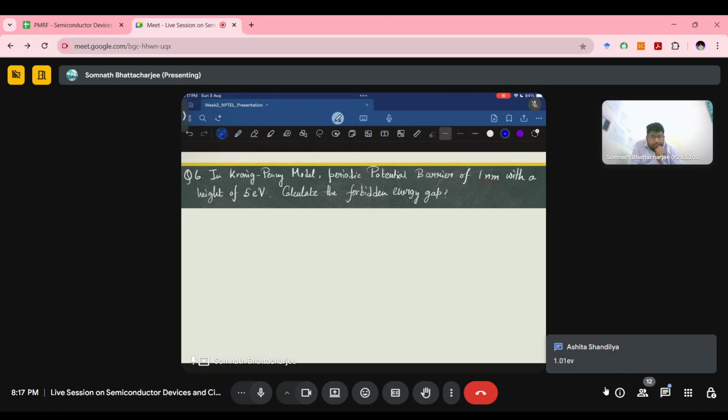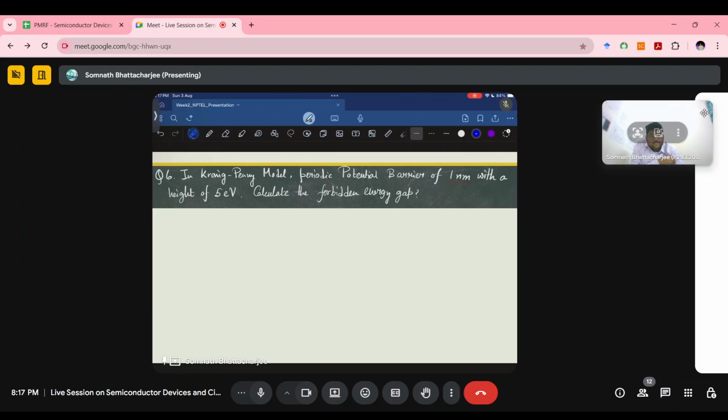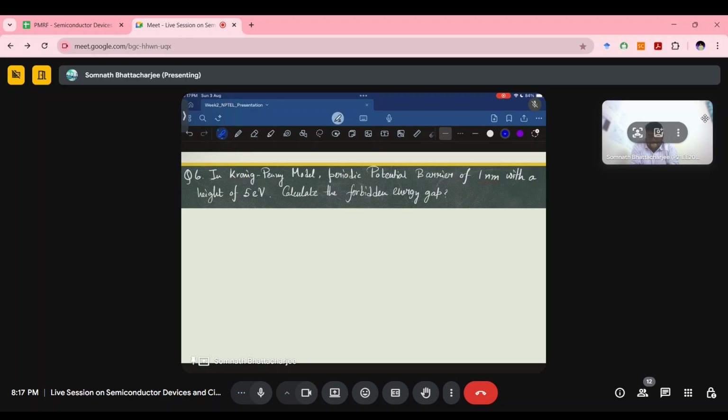1.01 eV. Not quite right. Try to recheck your calculation again. Let me recheck mine as well.